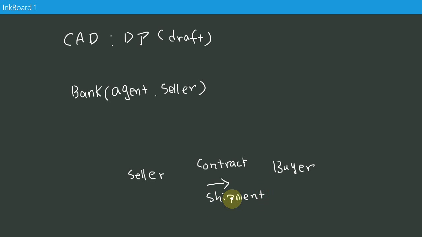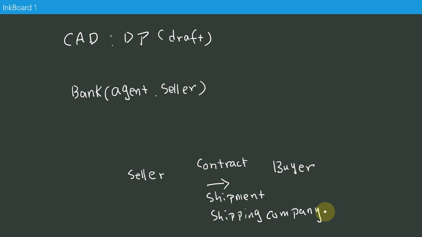Okay, after shipment, the seller collects the shipping document from the shipping company. Like Hanjin, which went bankrupt, and Hyundai.